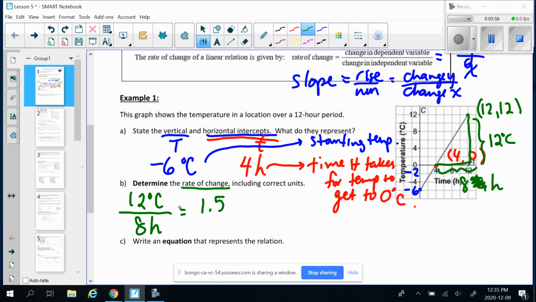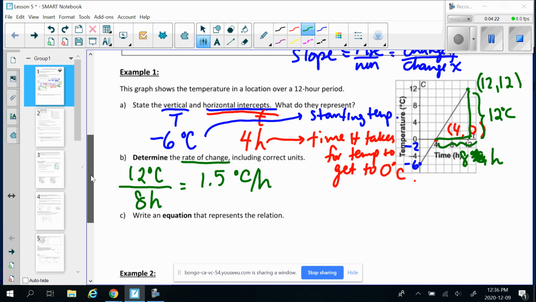But then what about the units? Degrees Celsius over hours? Degrees Celsius per hour. What that means is that every hour our temperature is warming up by 1.5 degrees Celsius. If you had not included the units in thinking about this, you would have missed this unit, which is an important part of the rate of change.